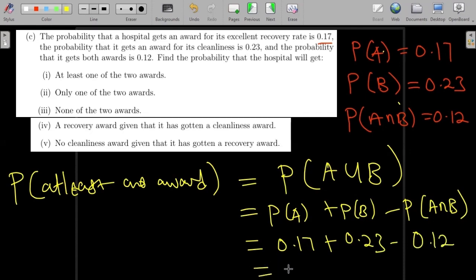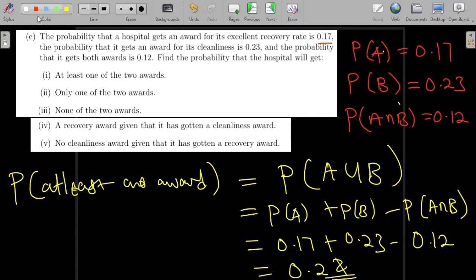So what will this give us? 0.17 plus 0.23 minus 0.12 gives me 0.28 as the probability that the hospital will get at least one of the two awards.